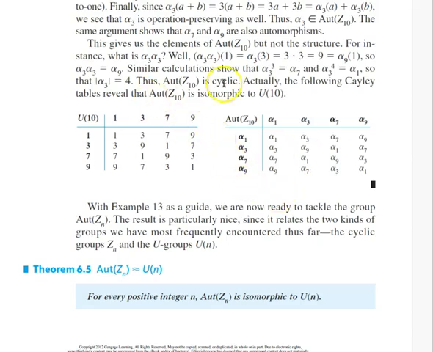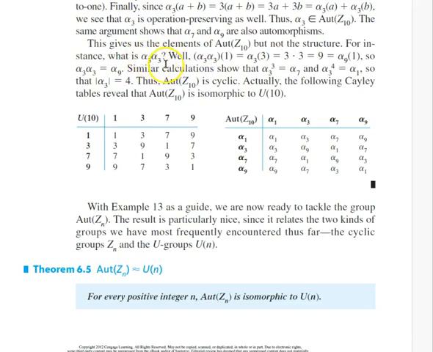So we know that the automorphism group of Z10 consists of these 4 automorphisms: alpha 1, alpha 3, alpha 7, and alpha 9. What is the structure of the group? What is alpha 3 times alpha 3?